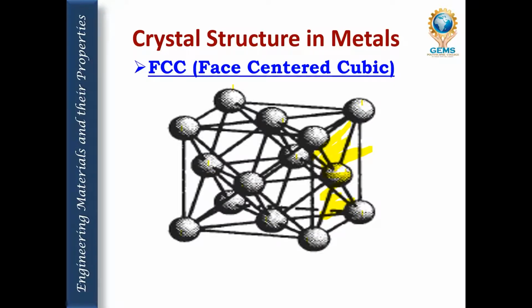This side, one atom will be present, and this side one atom, and this side one atom, and the bottom side one atom will be present. So totally on all the corners we have 8 atoms, and here there is no center atom. Instead of a center atom, there is an atom placed on every side. Basically it has 6 sides, so 6 atoms are there.